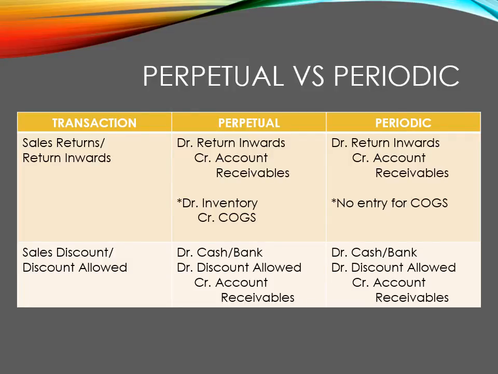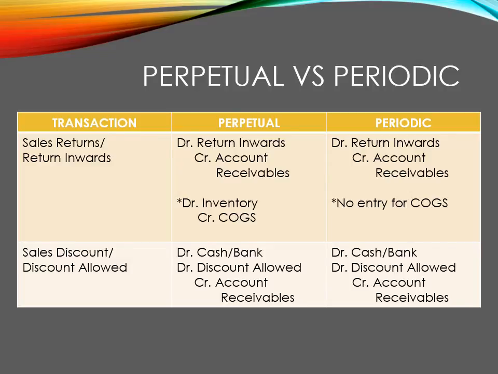For sales return or return inwards, in both the periodic and perpetual inventory systems, you still need to record debit return inwards or sales return and credit the account receivables, the name of your customer. However, for the perpetual inventory system, you need to have additional accounting records where you need to debit inventory and credit the cost of goods sold account.